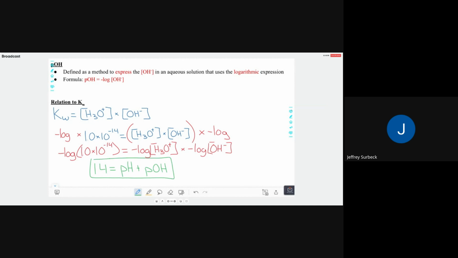Now, I want to point out something really particular, and that's my main point with this slide: on our AP handout, this is where the usefulness of the appendix that the AP gives us really comes into play.